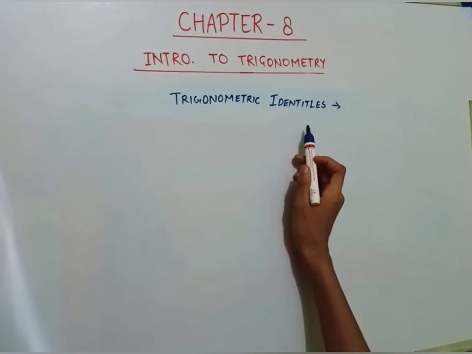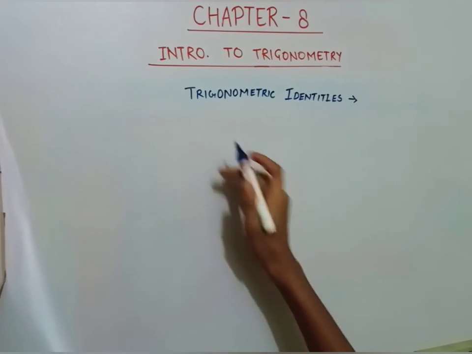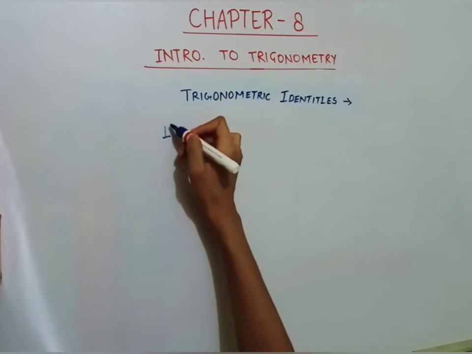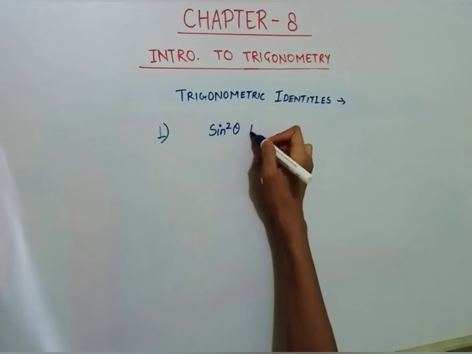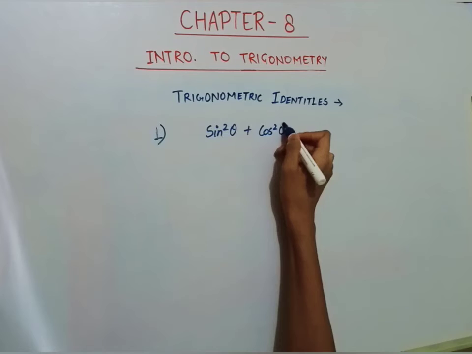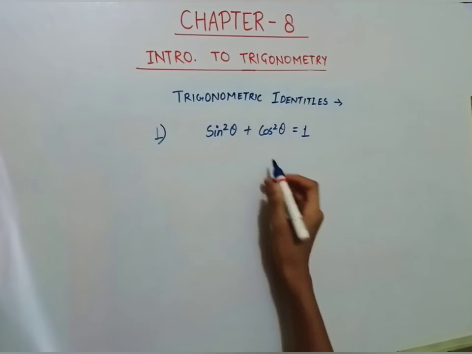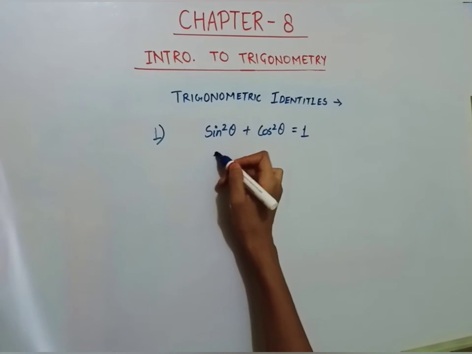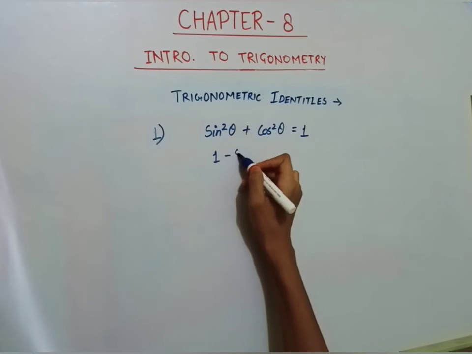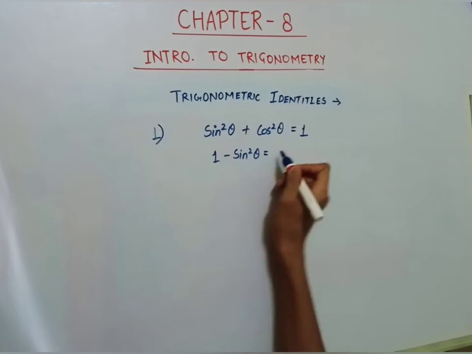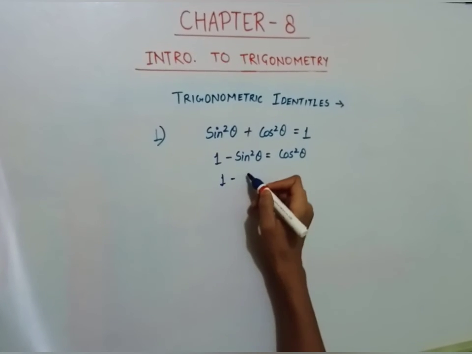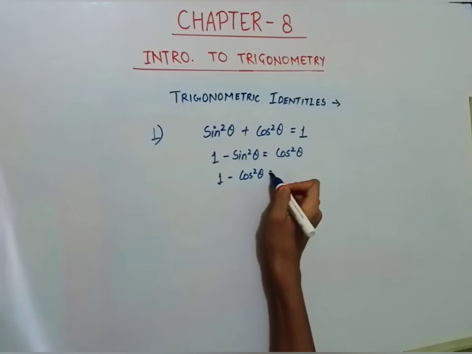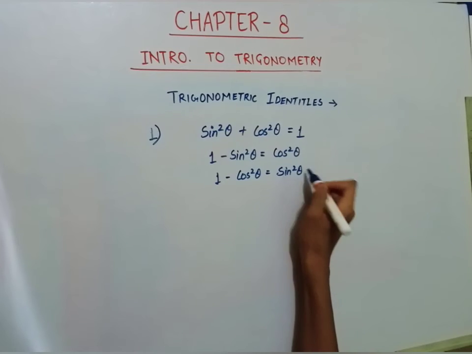Now we will discuss trigonometric identities. There are mainly three trigonometric identities. First one is sin square theta plus cos square theta equals to 1. By simple shifting we get 1 minus sin square theta equals to cos square theta. Again we get 1 minus cos square theta equals to sin square theta.